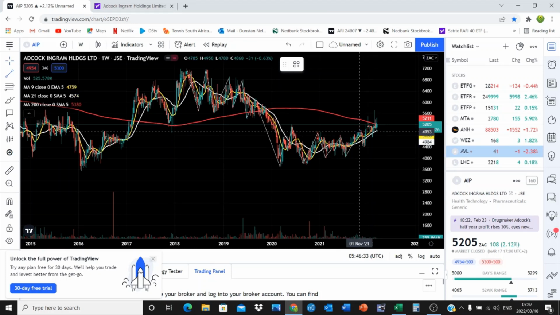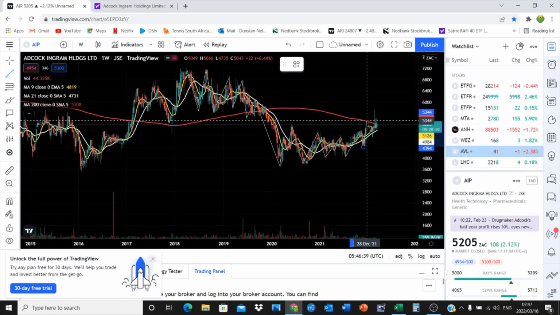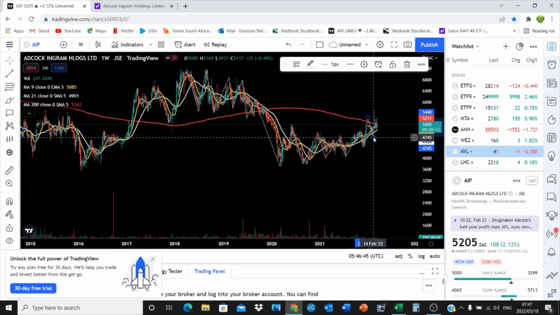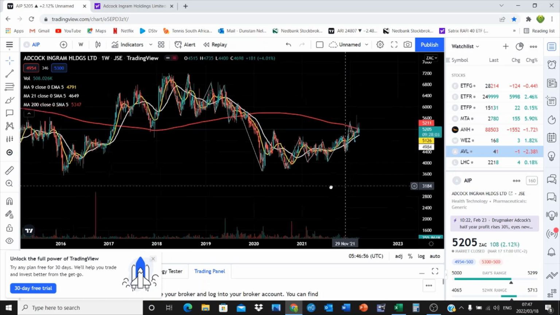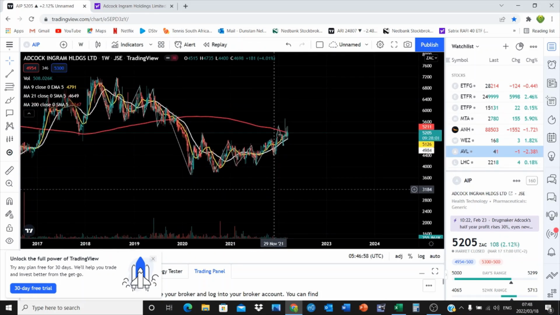Now you can see that your highs are getting a little bit higher and your lows are also getting a bit higher. That is a very good sign that price is starting to find some type of trend, and I'm not going to do the last one because I don't know where it's going to go. The next exercise is to see if there is a positive correlation between the highs and the lows of these swings.